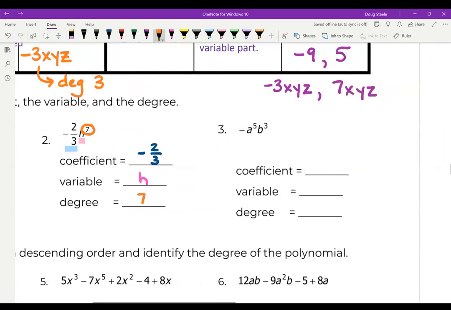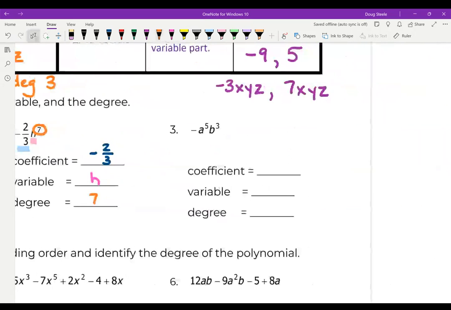For our third example, this one's a little trickier, and with third and fourth examples, they sometimes put little tricks in for us. So I see I have my coefficient out front and my variable part. This time we have two types of variables going on, and a different number of each variable in our term.